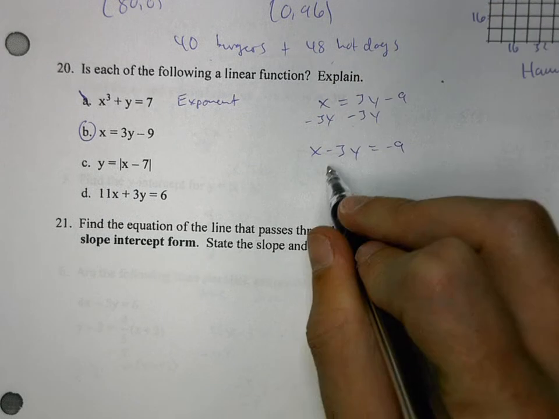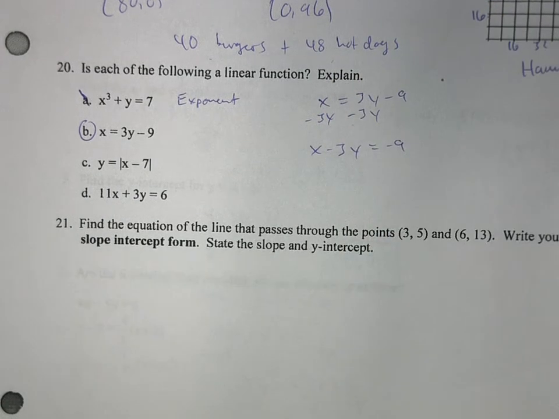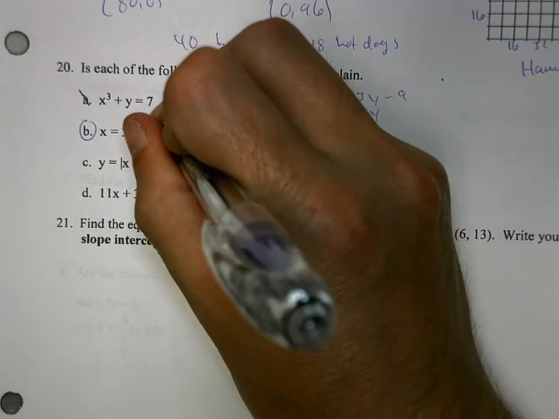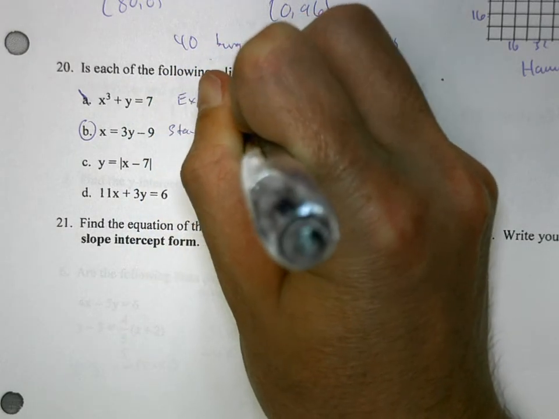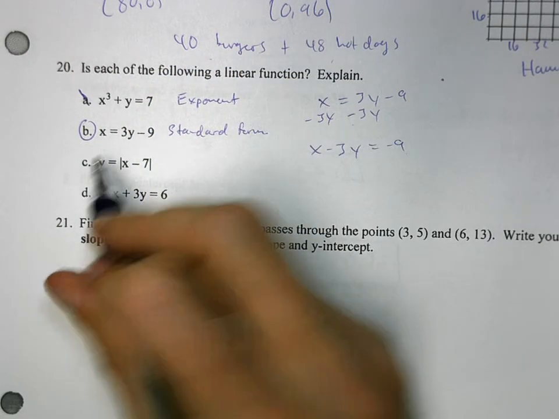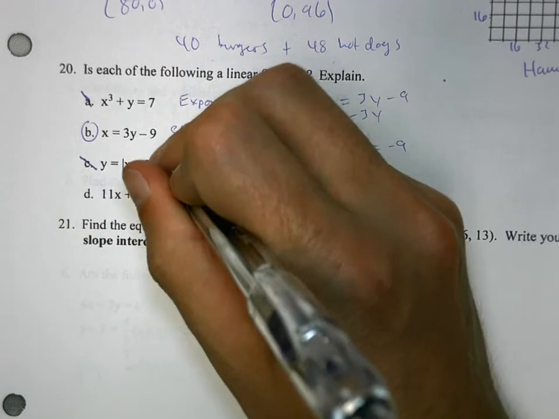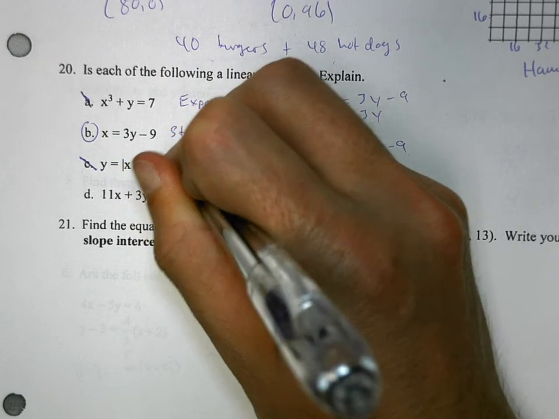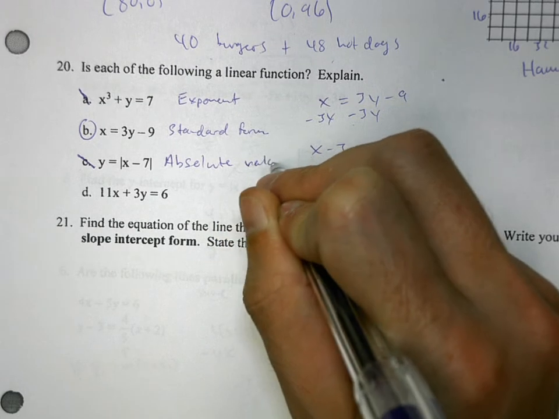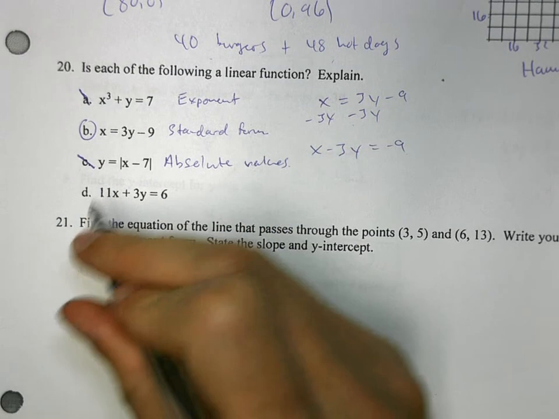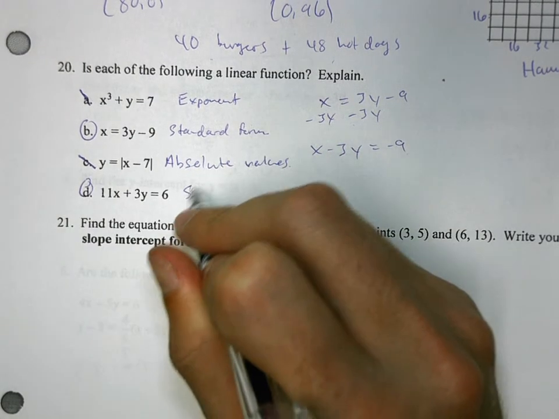That's in standard form, so B works. For C, this is not a linear graph because it has the absolute values. And for D, that is also in standard form.